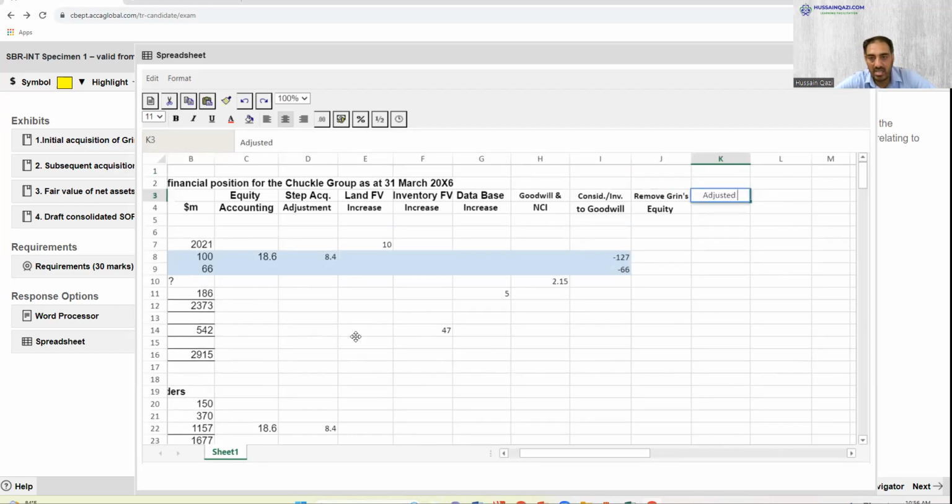Adjusted consolidated statement of financial position.